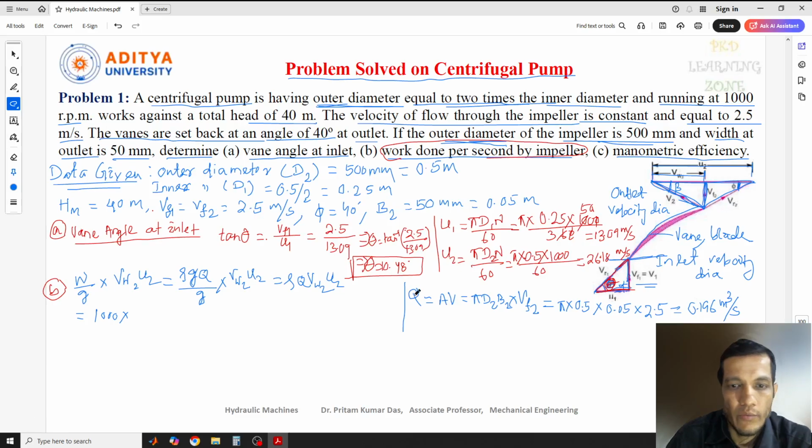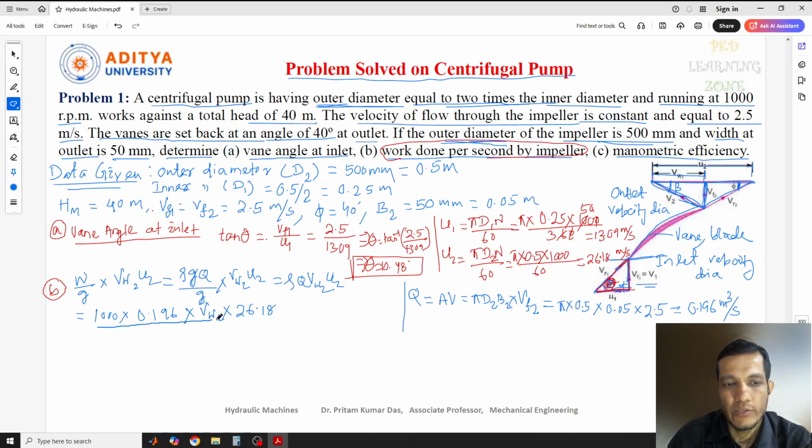Now we can put the value here. 1000, the density of water is 1000. Now Q is 0.196, into Vw2. So Vw2 we have not calculated. U2 value is already calculated, this is 26.18.